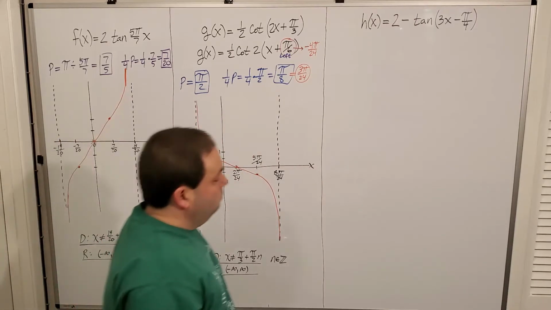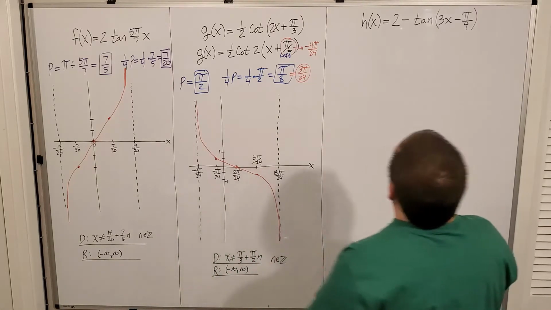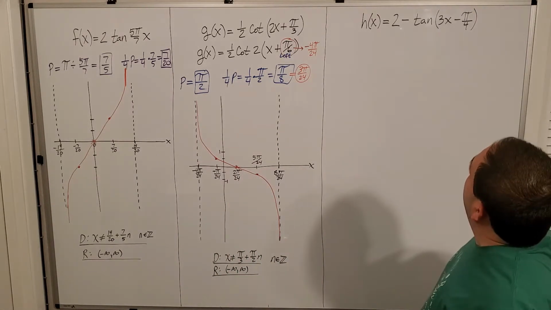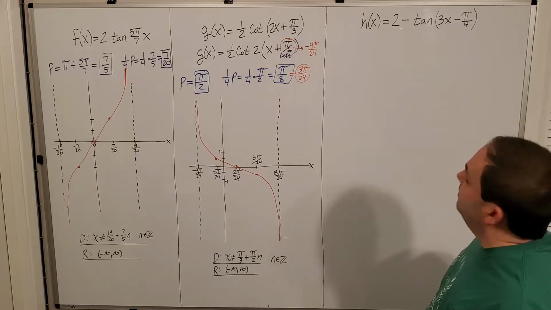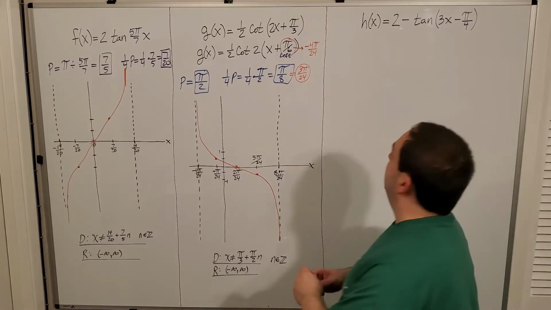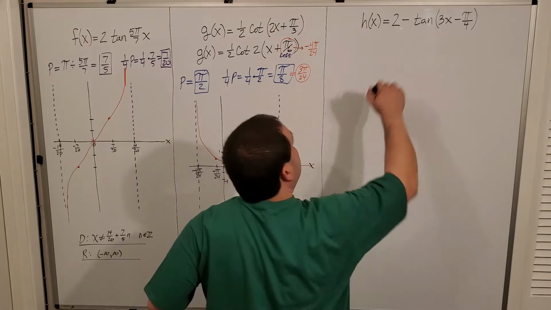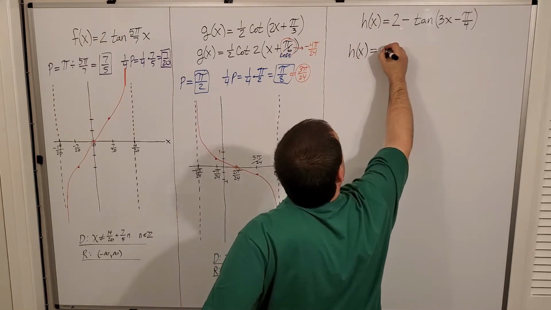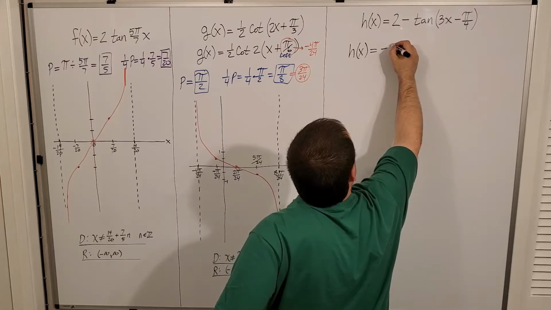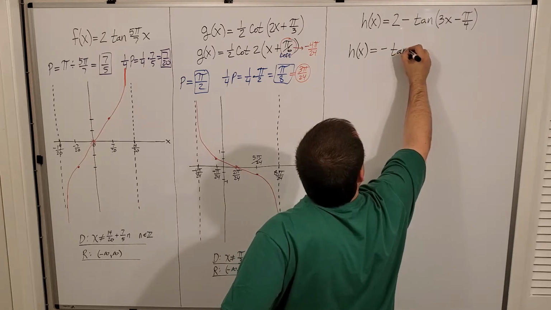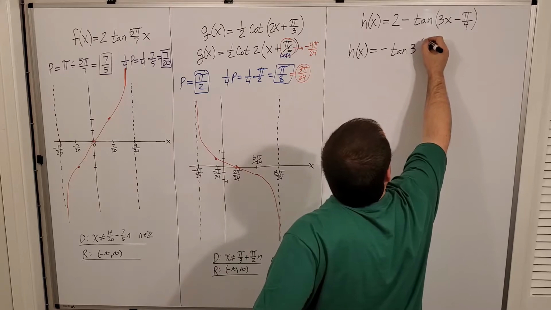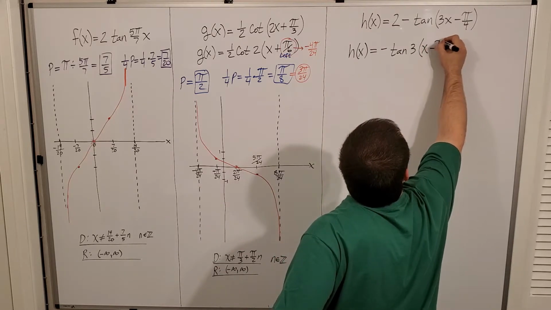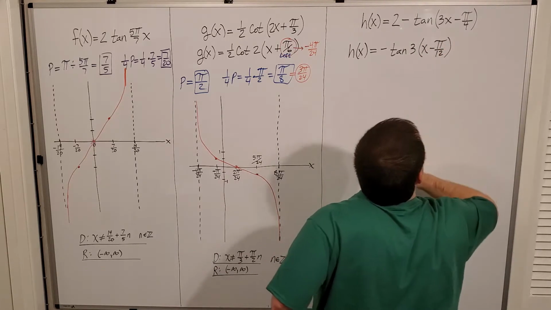One more example. I have 2 minus tangent of 3x minus pi over 4. Let's rewrite this in a way that you're familiar with all of the pieces. So I have h of x is equal to negative tangent. I'll factor out the 3, which will give me x minus pi over 12.